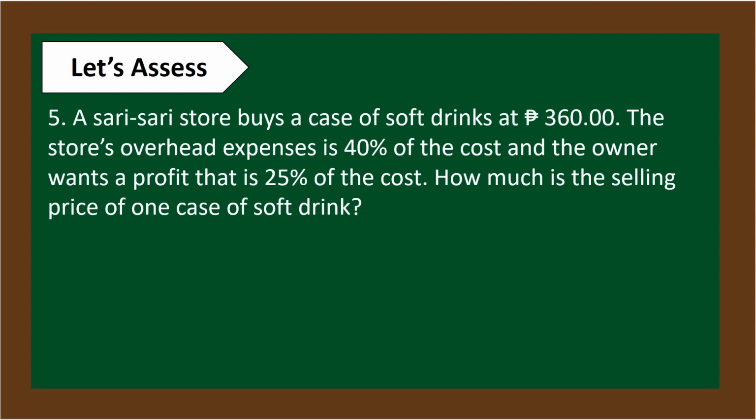Number 5. A sari-sari store buys a case of soft drinks at 360 pesos. The store's overhead expenses is 40% of the cost and the owner wants a profit that is 25% of the cost. How much is the selling price of one case of soft drink? Letter A, 144 pesos.